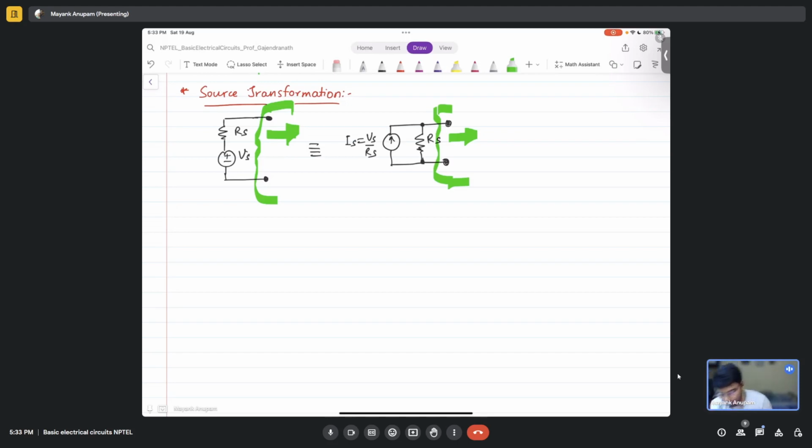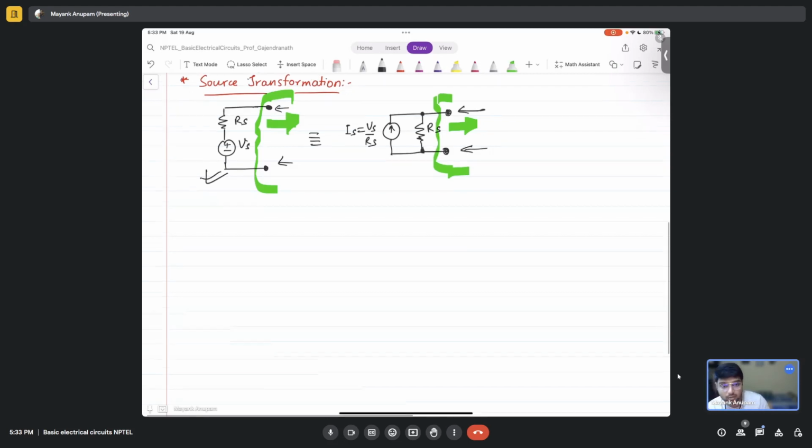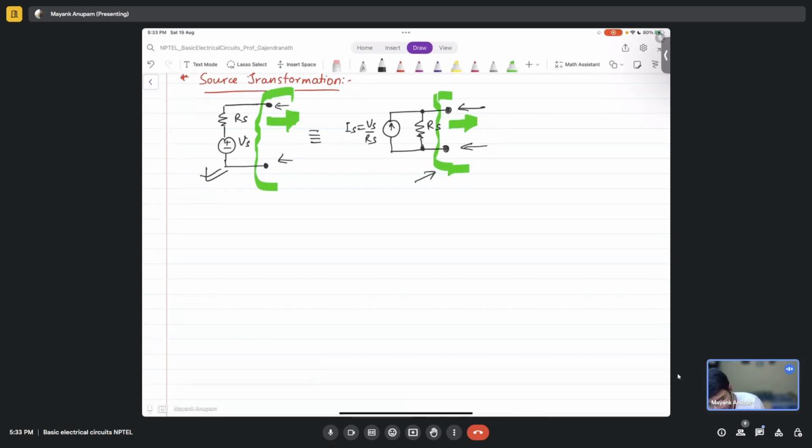The terminal characteristics looking between these two terminals for the first case will be the same as the terminal characteristics looking between these two terminals for the second case. So this is the first case and this is the second case.